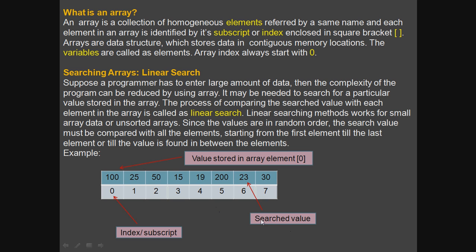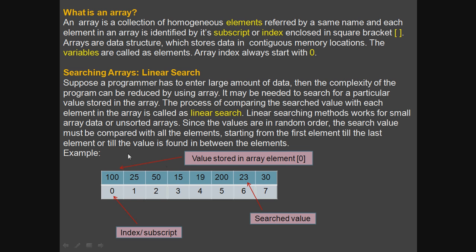So now let's say that you are searching for this value 23. In linear search, the data is stored according to the index in ascending order, starting from 0, 1 to 3, and the memory locations where these values are stored are in contiguous format.